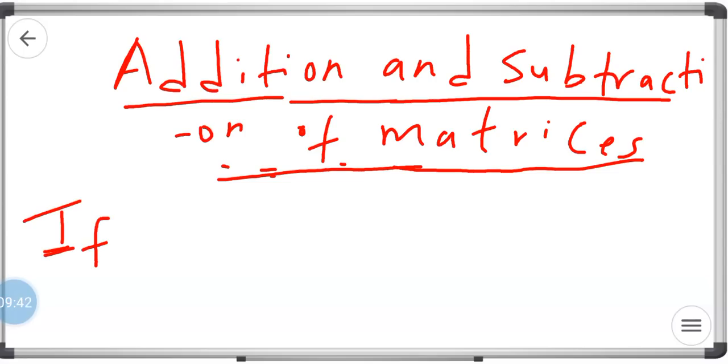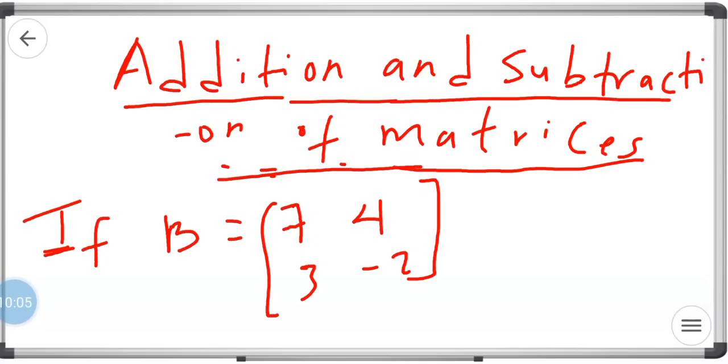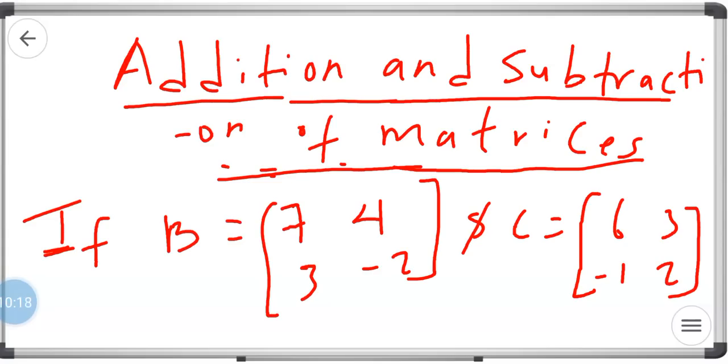If B equals 7, 4, 3 and minus 2. That's our B. And C equals 6, 3, minus 1 and 2.